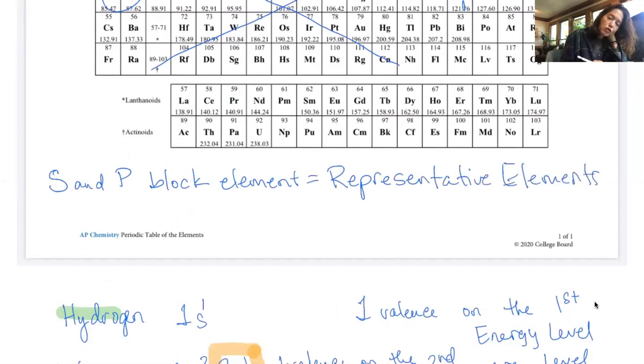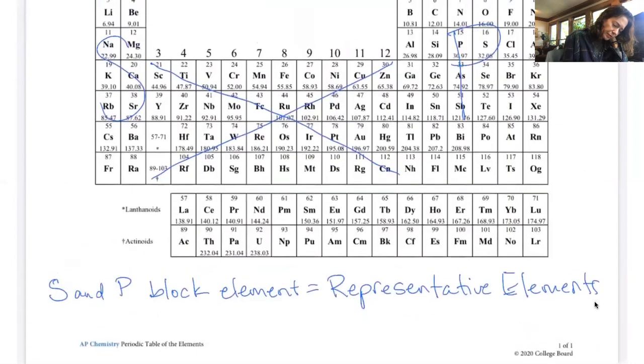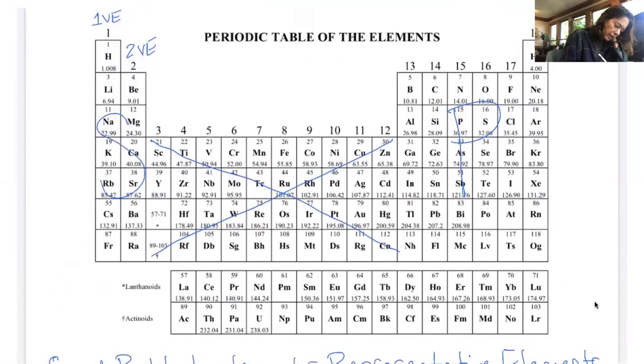Okay, there's a lot of trends represented in these 2 groups. So I'm going to go like this, S, P. I'm going to look at the numbering system. I want you to realize right here that it goes 1, 2, 3, 4, 5, 6, 7, 8, 9, 10, 11, 12, 13, 14, 15, 16, 17, 18.